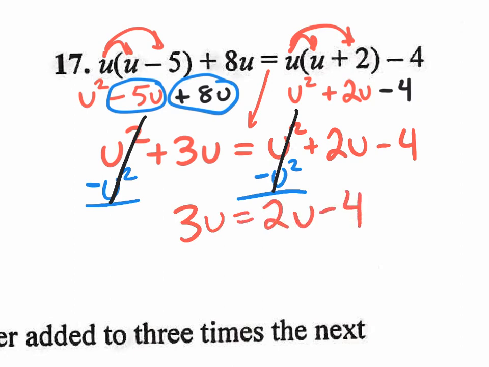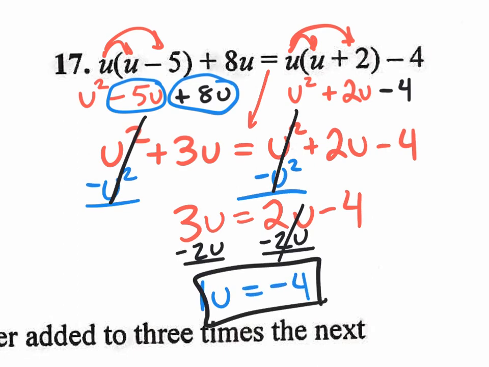So my next step would be to get the u to the other side as well. So I want to get rid of that 2u by subtracting 2u. What I do to one side, I do to the other. I will get 1u equaling negative 4. And guess what? We're done. U equals negative 4.